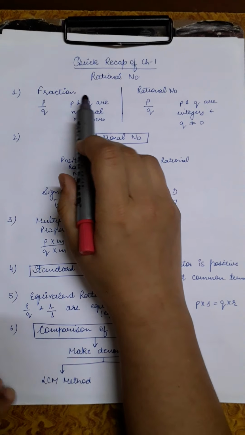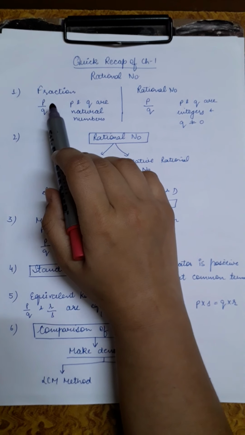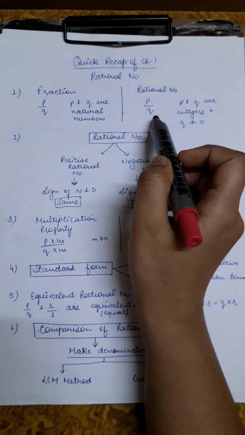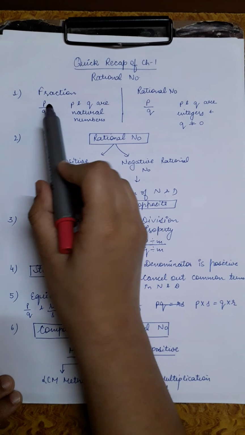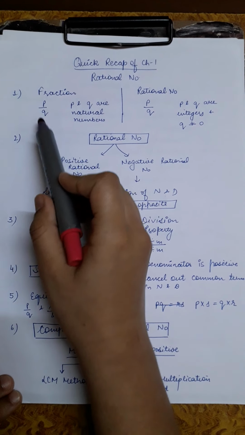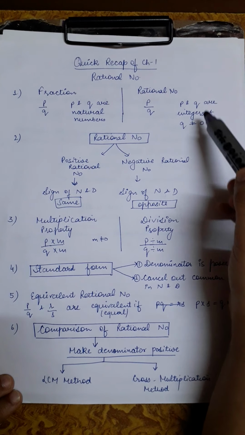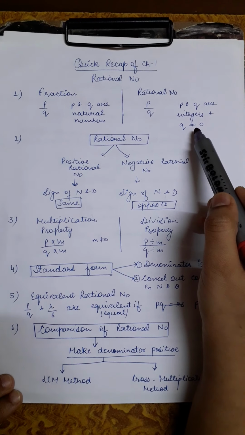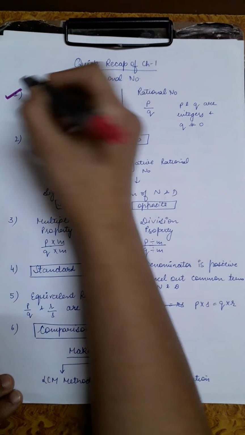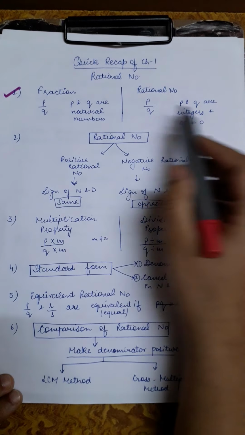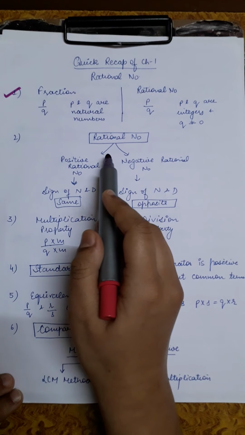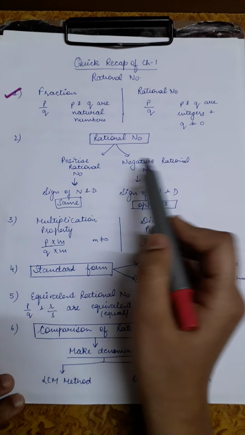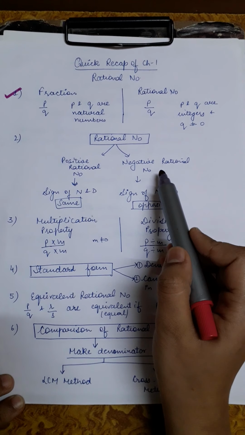So now we'll quickly recall the chapter. See, first thing, we have seen the comparison between fraction and rational number. What was the difference? In a fraction both were natural numbers, but in a rational number both were integers and the denominator was not equal to 0. So the first topic we have learnt is fraction versus rational number. And the second thing was, there were two types of rational number, positive rational number and negative rational number.